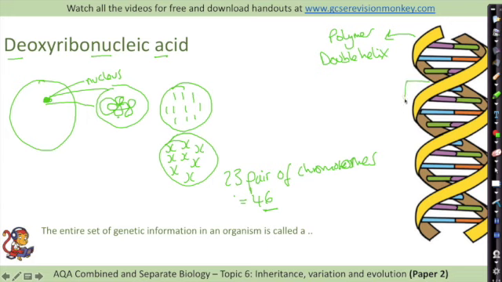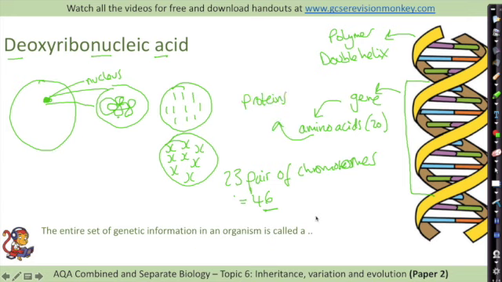A length of a particular sequence of DNA is called a gene, and that gene is used to make amino acids, of which there are about 20 or so of them, and a particular sequence of amino acids is used to make proteins.